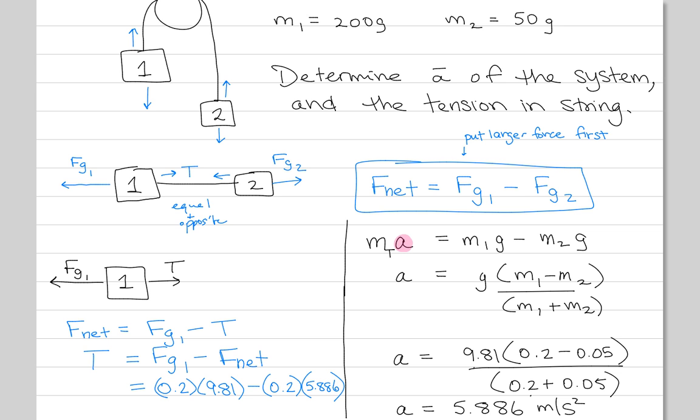Yeah, you could do something like this: you call this one Fnet 1, 2, and this just Fnet 1. However you want to do it. Okay, so figuring this out, we get 0.2 times 9.81, and over there, 0.2 times that 5.886. Subtract the two, and you should get 0.7848.